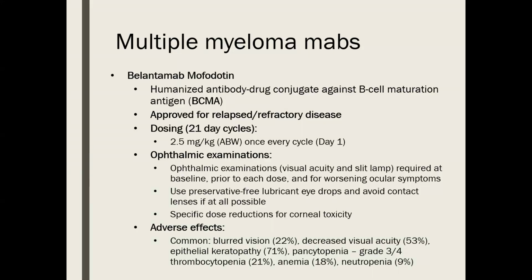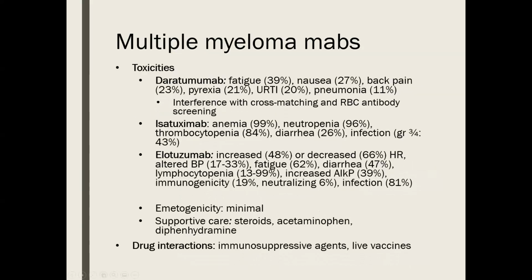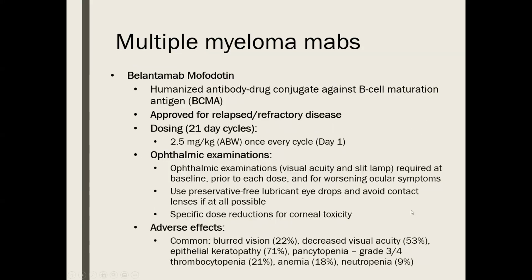And there are specific and very spelled out dosing recommendations for corneal toxicities that these patients may experience. So it's kind of a weird drug that has a novel mechanism of action that comes with a lot of toxicities. And a nice point to make, it does have a big, significant REMS process associated with it. But please remember BCMA as a target here, because we will discuss it a little further when we get to our CAR T-cell section.